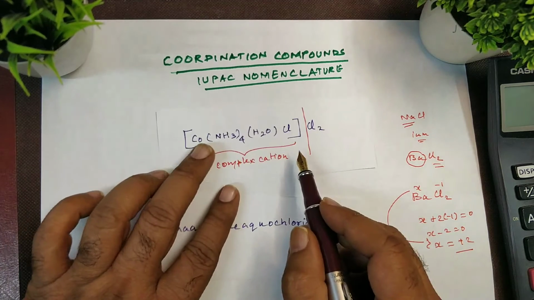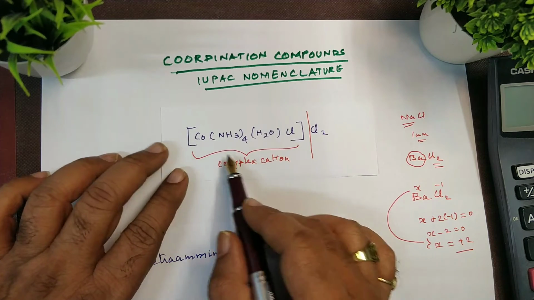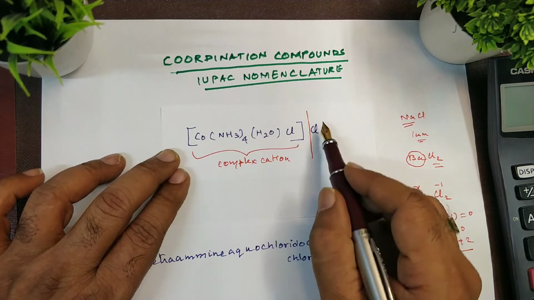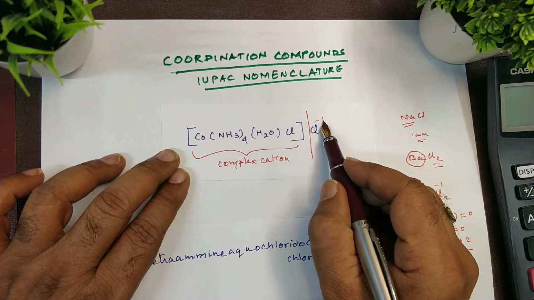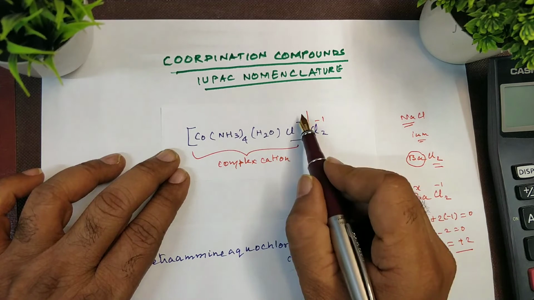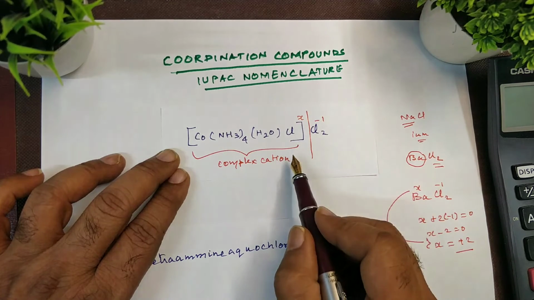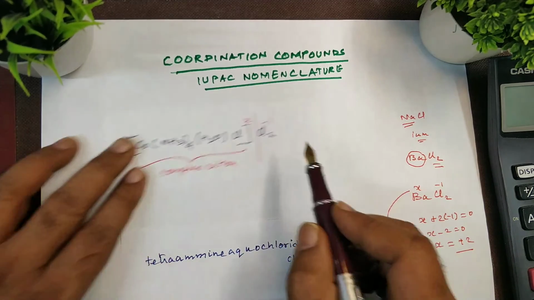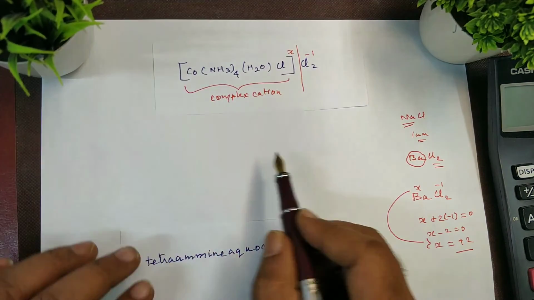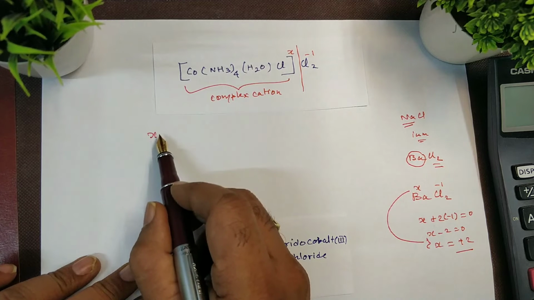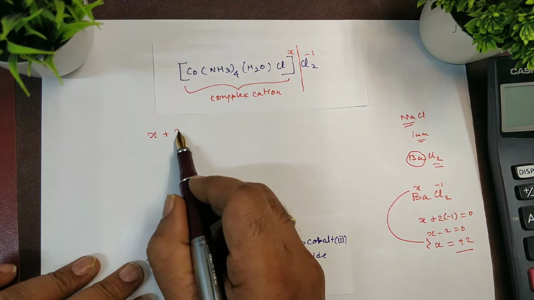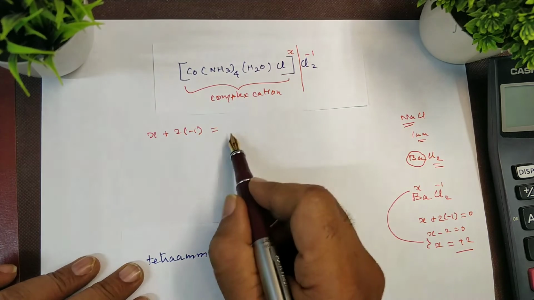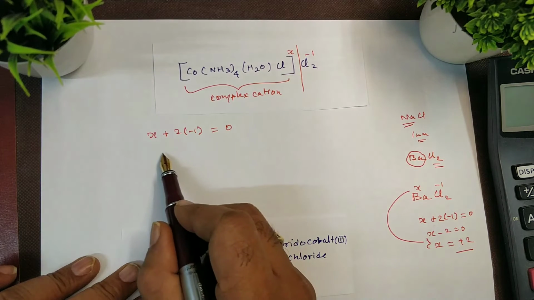Similarly, we should be able to identify the oxidation state of this complex ion. Put -1 for this, and for the complex ion let me put X. Now we can work out X plus 2 of -1. The neutral compound should have the oxidation state 0.